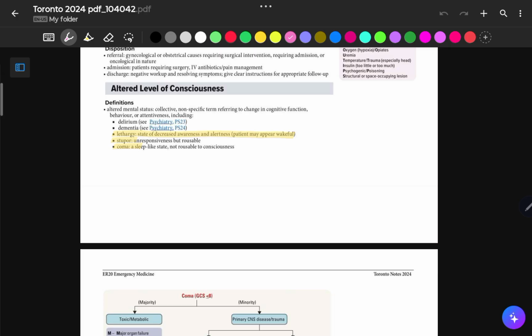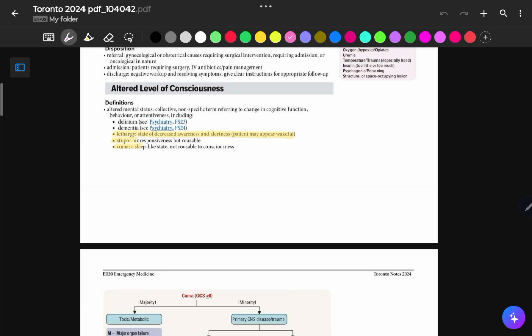So what is altered level of consciousness? Altered mental status is a collective, non-specific term referring to a change in cognitive function, behavior, and attentiveness. It includes delirium, dementia, lethargy. Lethargy is a state of decreased awareness and alertness.